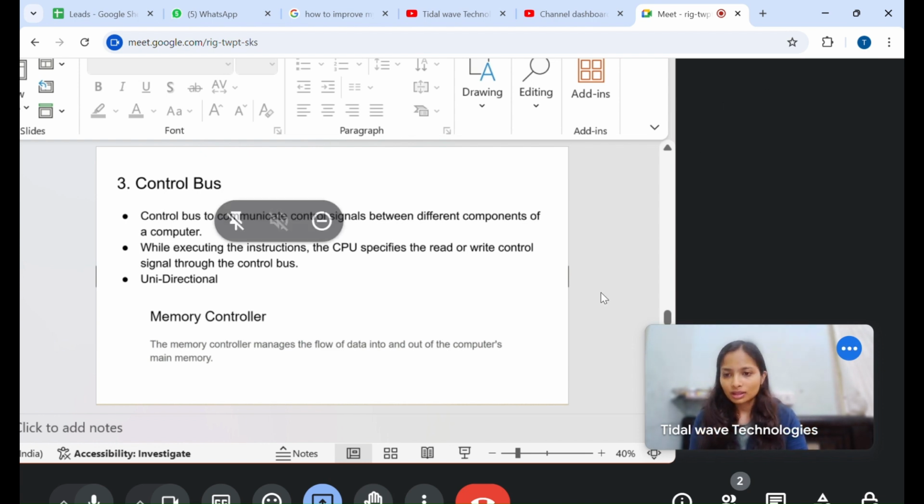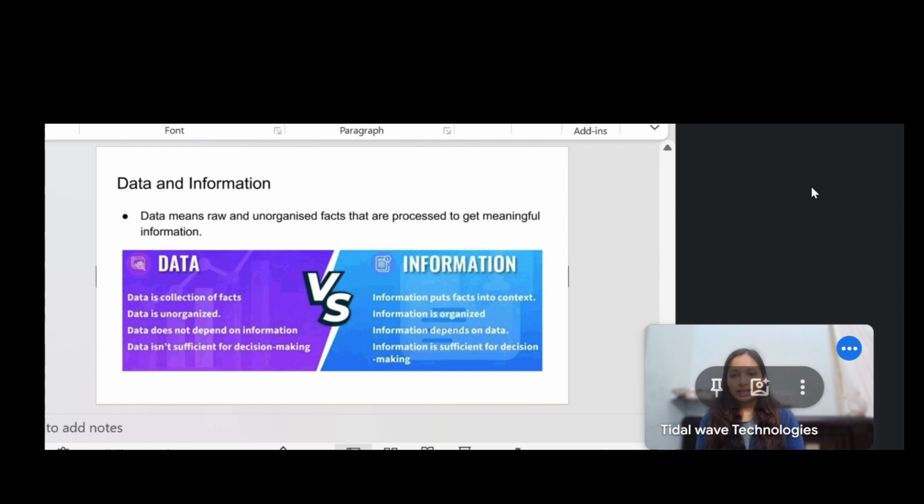Yes, let's go with the next topic, that is data and information. In this video, let's learn what is the difference between data and information. Here you can see data means raw and unorganized facts that are processed to be meaningful information.